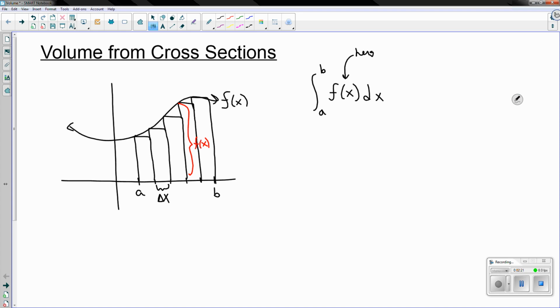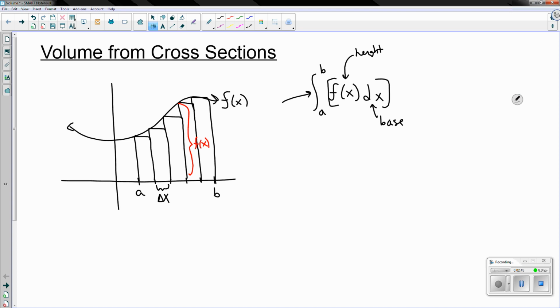So here's our height, and here's our base. Knowing that the area of a rectangle is base times height, we can view this integral formula as, in brackets here, the area of a rectangle added up along the interval from a to b to get the exact area under the curve.